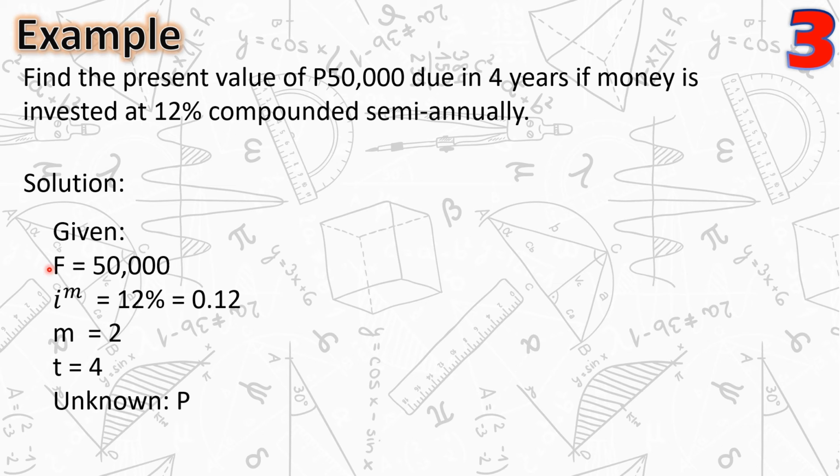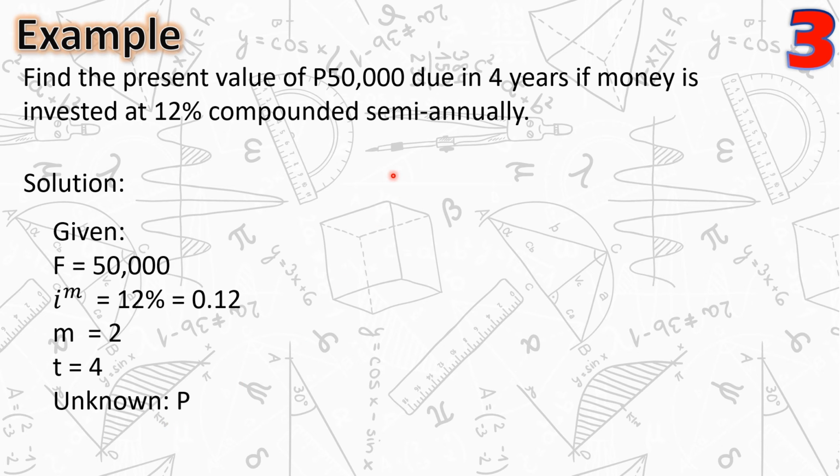F, this time it's the future value that is given, 50,000 pesos. Nominal rate is 12% or 0.12 in decimal. Frequency of conversion is 2, that is compounded semi-annually. The term is 4 years, and we will be solving for the principal.